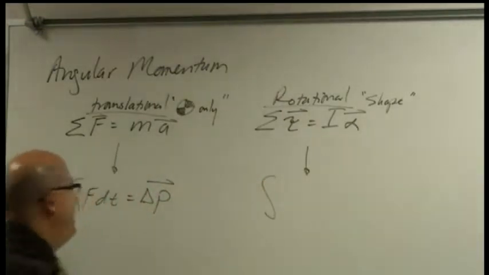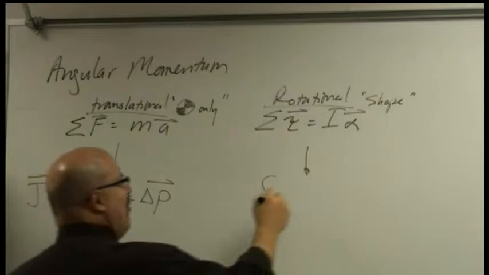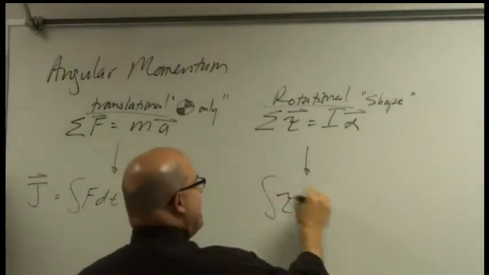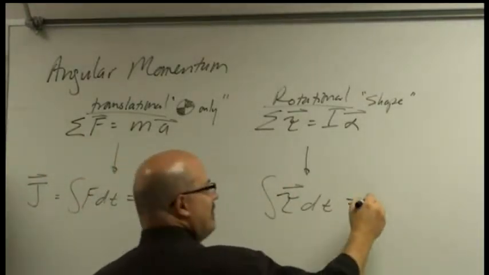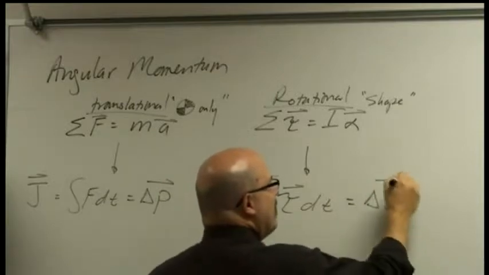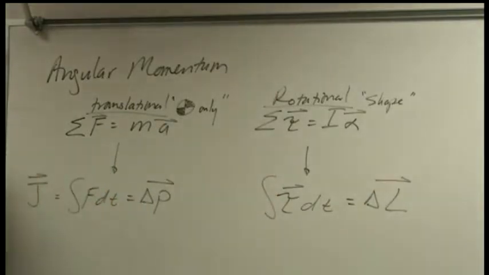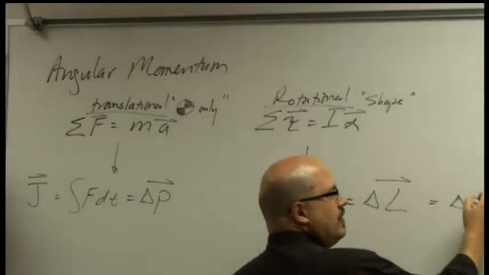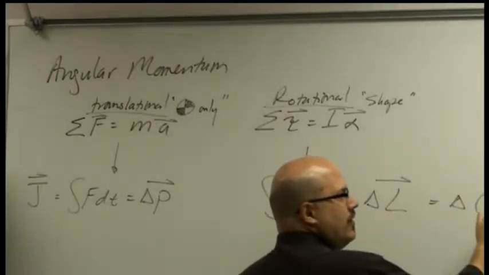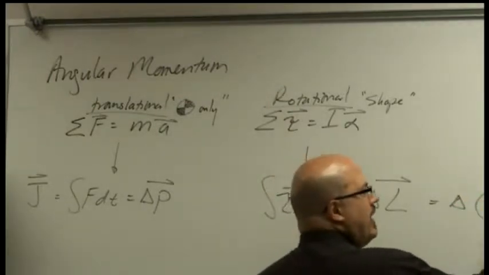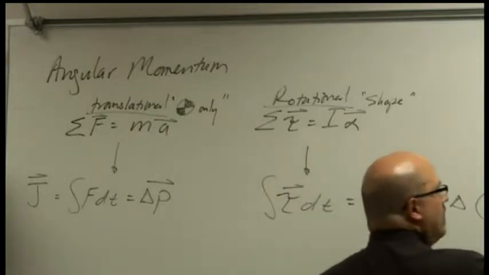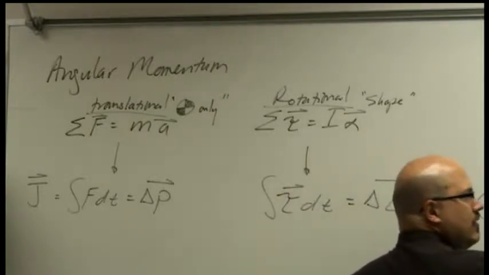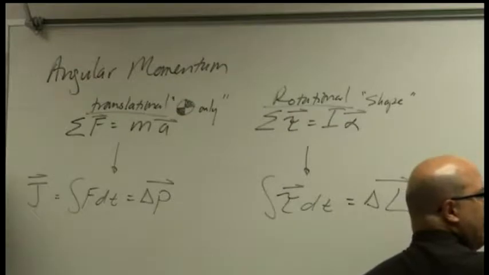The sum of the torques dt, vector, equals the change in angular momentum. We've talked about angular momentum already. What's angular momentum? I omega, or R cross mv.